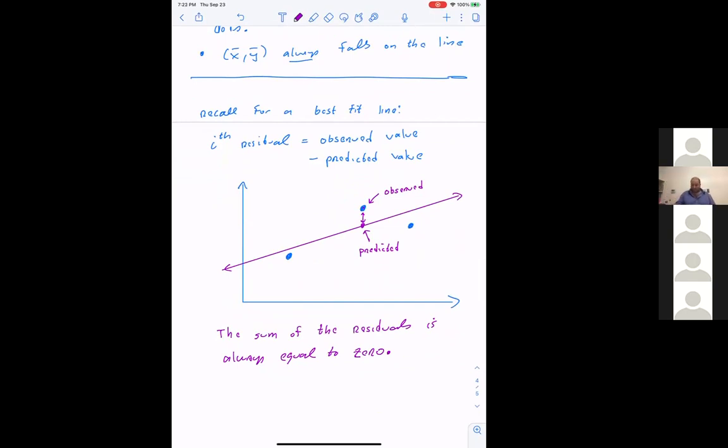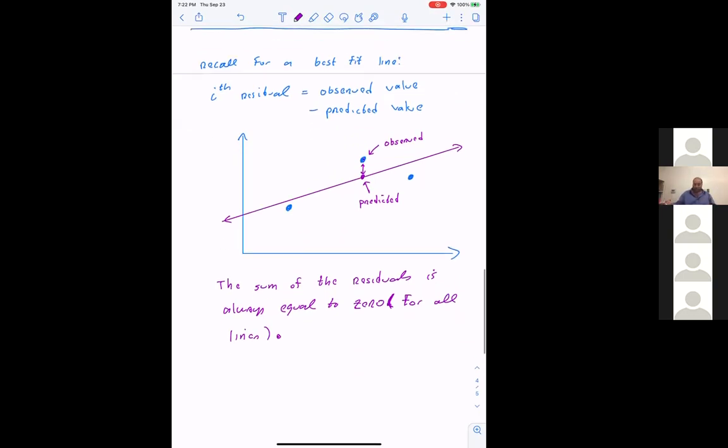This is no matter what the line is, by the way. This is not just the best fit line. This is for all lines. So we square them so that we don't have this cancellation effect. Okay, does that make sense? Yes. Sum of the residuals is always 0, okay? Above, it's positive, below, it's negative.